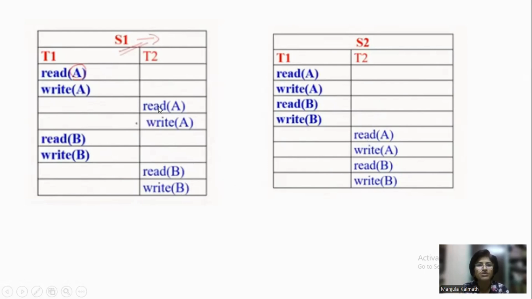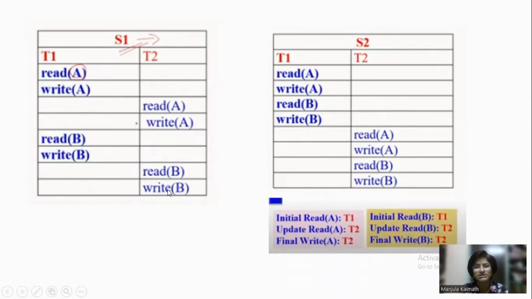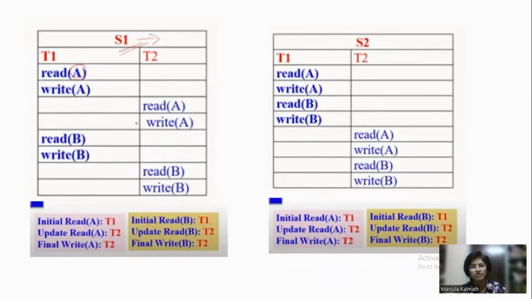And again here we have the final write. The final write writes to the database the modified value, and it is taken in transaction T2. Even in S2, it is taken in transaction T2. That's why here we have the initial read, update read as well as final write the same in both schedules. That's why these are called view serializable schedules.